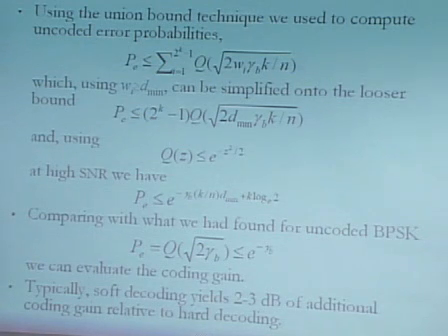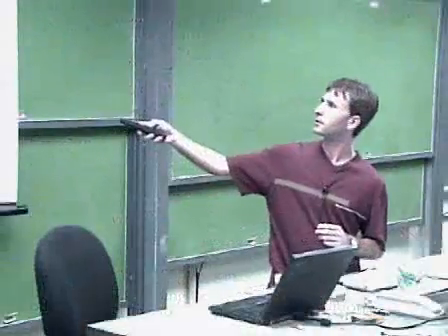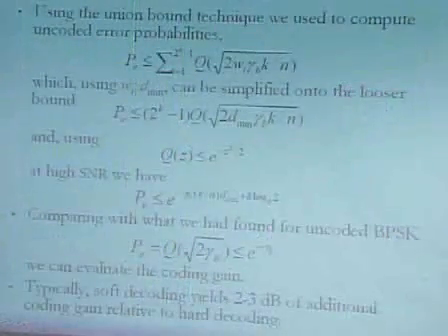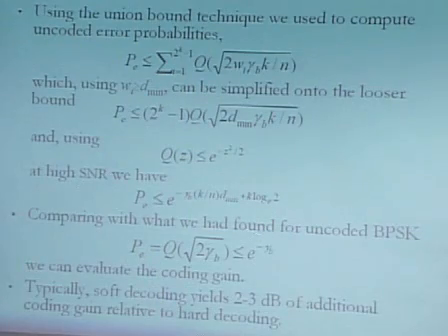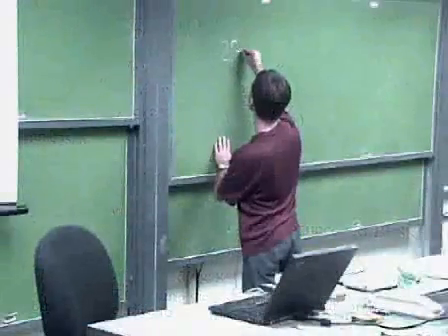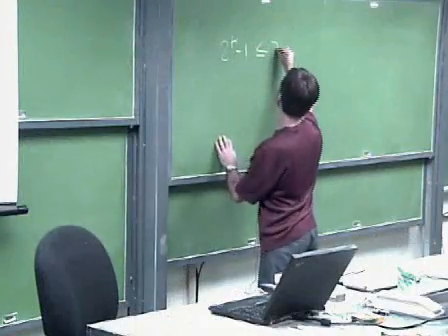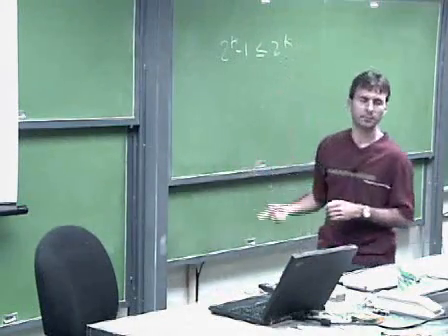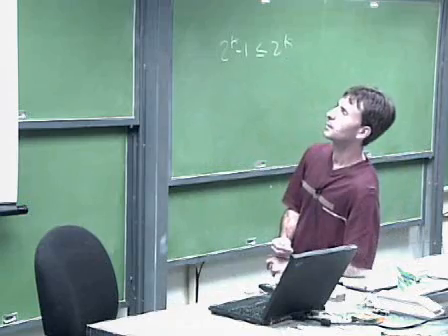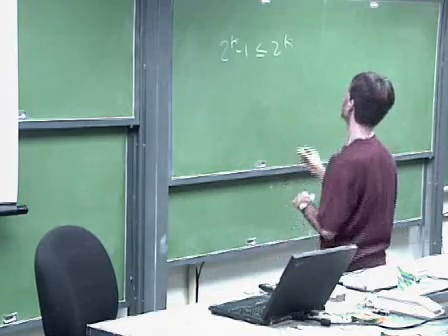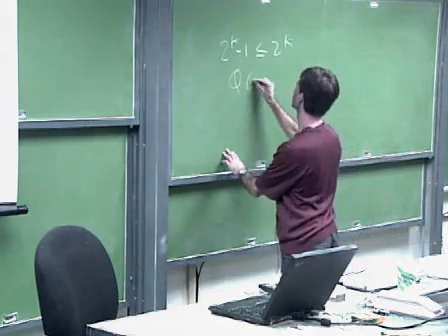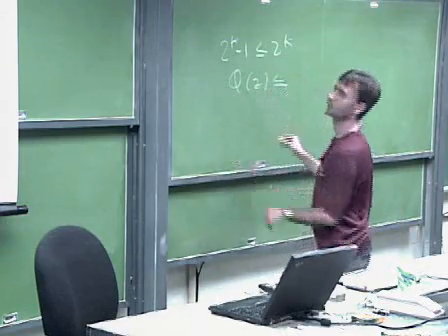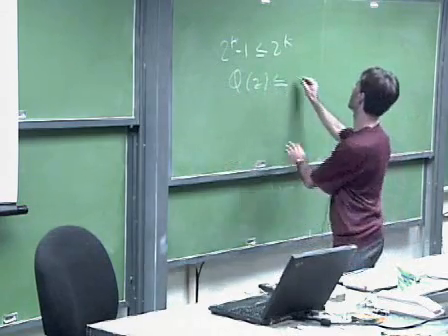What I'm trying to do is go from here down to here. I'm going to use that 2 to the k minus 1 is less or equal to 2 to the k, since k is positive. I'm going to use that Q is less or equal than this exponential.